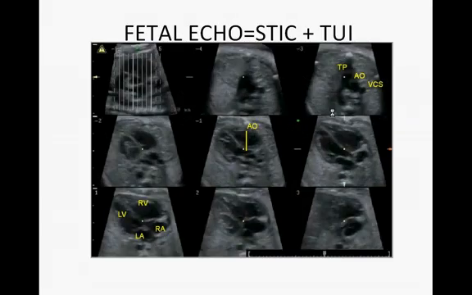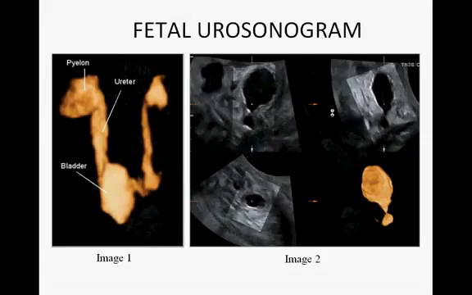So in my experience, when we use the 4D STIC and the tomographic ultrasound imaging, fetal echo is made relatively easy. You can evaluate the four-chamber view and the outflow tract views and all the necessary views for a fetal echo within no time after you acquire the three-dimensional image of the fetal heart.